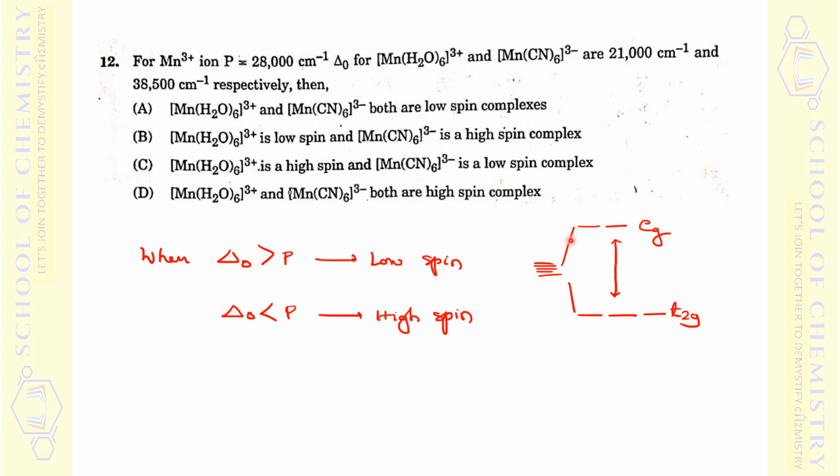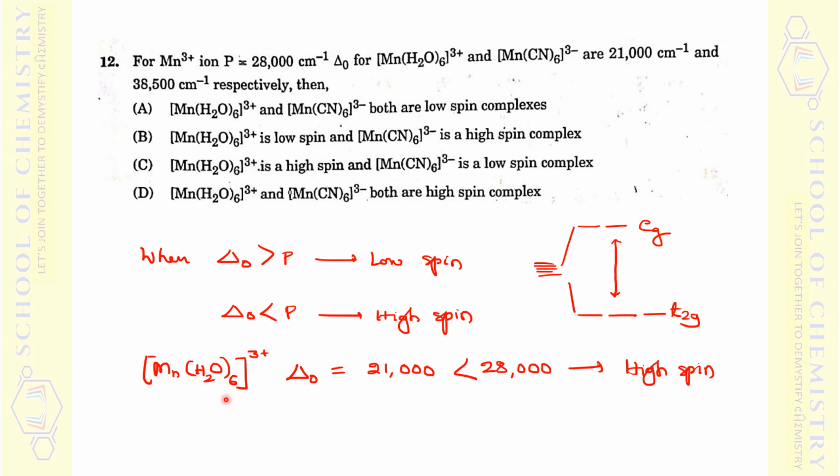This energy gap being less, the next electron occupies the eg level. You must have done the exercise of filling electrons for high spin as well as low spin complexes in accordance with crystal field theory. The point to be remembered is that when delta O is greater, it results in a low spin complex, and when delta O is less than pairing energy, it results in a high spin complex.